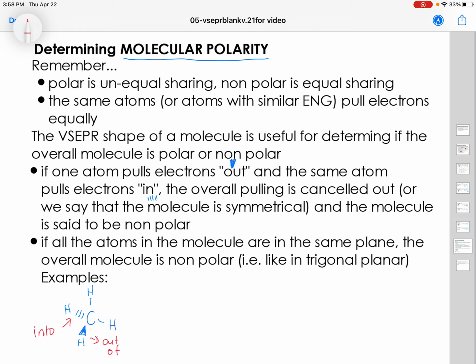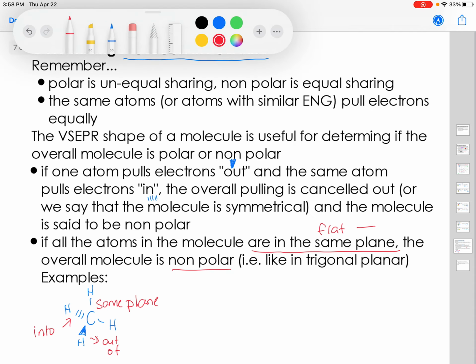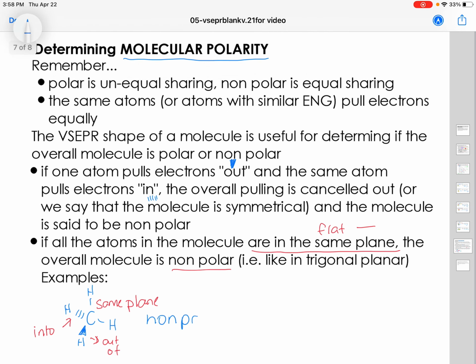You might say, well, what about the other ones? Yes, if all the atoms are in the same plane, so that means flat or straight lines, like these two up here, they are the same plane. The molecule is said to be nonpolar. Okay, so if you are asked to say what it is, polar or non, it's nonpolar.